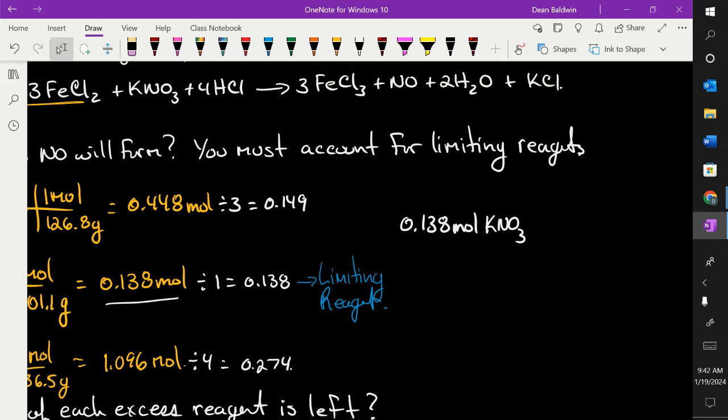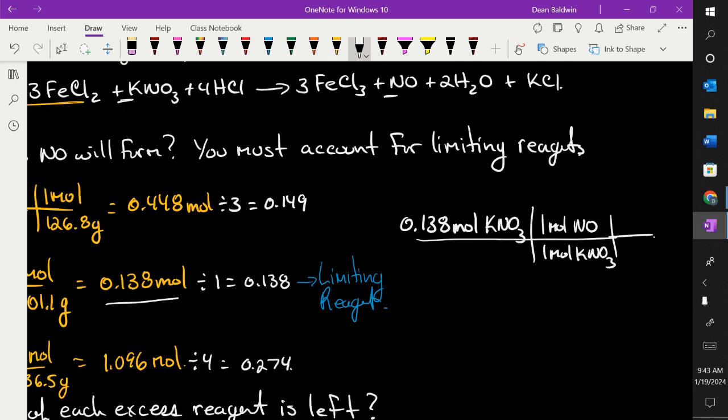How many moles of NO are produced for every mole of potassium nitrate? What's the mole ratio for these two? It's 1-to-1, right? So that means it won't always be 1-to-1. 1 mole of NO for every 1 mole potassium nitrate.